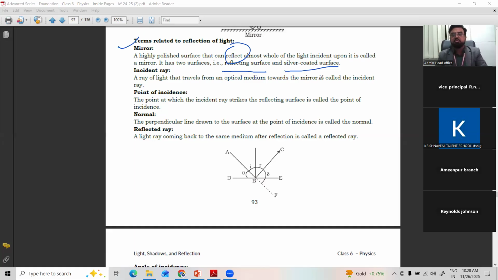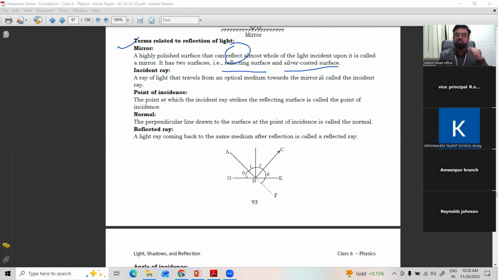Correct? So whenever you stand in front of the mirror, we are able to see our own image clearly because of the reflection of light. That mirror, which is finely polished and coated with silver, will make us see ourselves as we are, due to reflection of light. Such a reflecting medium is called mirror.